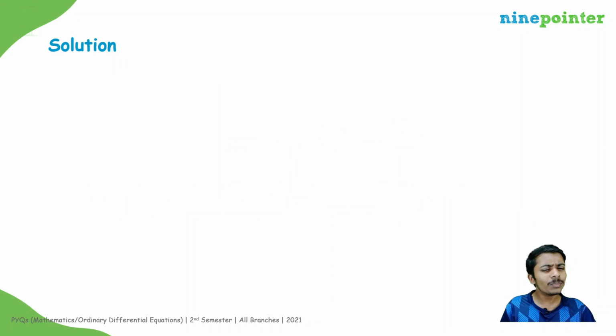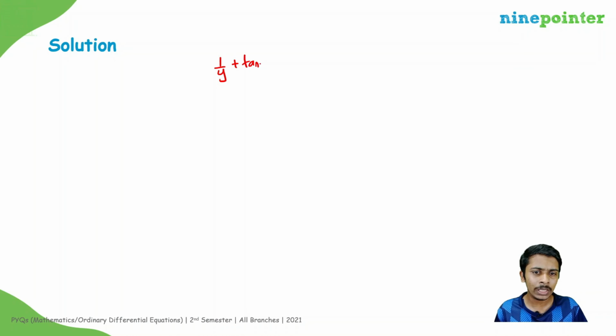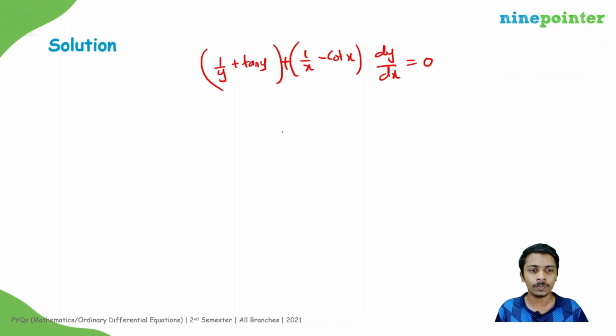So first of all, let's simply solve it by the separable variable technique. The differential equation is (1/y + tan y) + (1/x - cot x) dy/dx = 0. Sorry, there will be a plus sign. Let me solve this by the normal technique.